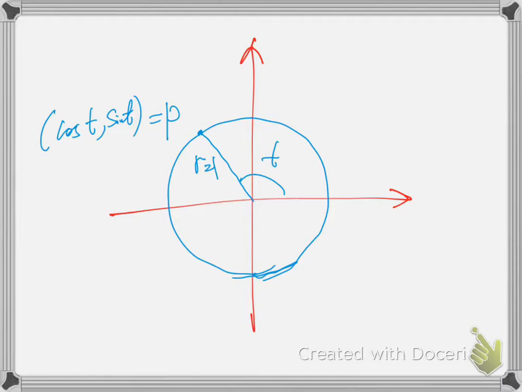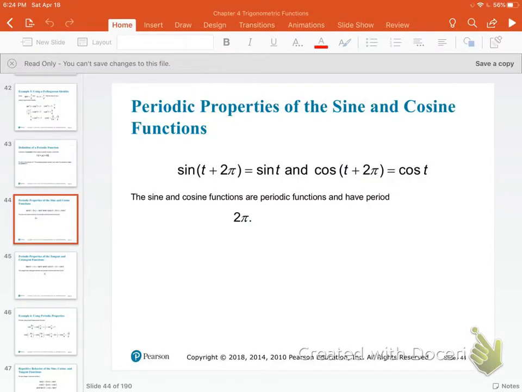From this relation, we can easily get the periodic identities. This is the relation between sine and cosine: sine of t plus 2 pi is equal to sine t, and cosine of t plus 2 pi is equal to cosine t. Now let's prove it on the unit circle.